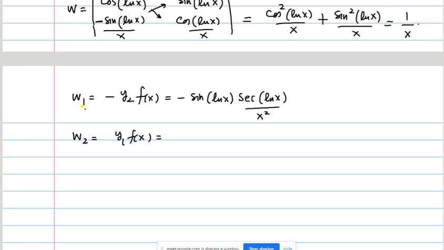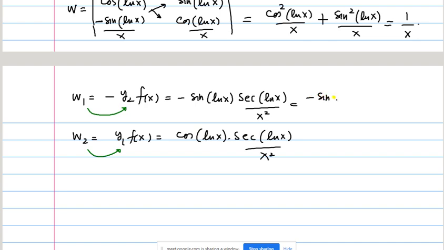If you want to write directly, for 1 we write 2, for 2 we write 1, but 1 has a minus sign, the second has plus. So now y1 is cosine log of x into secant log of x divided by x squared. If you want to simplify, secant is 1 over cosine.